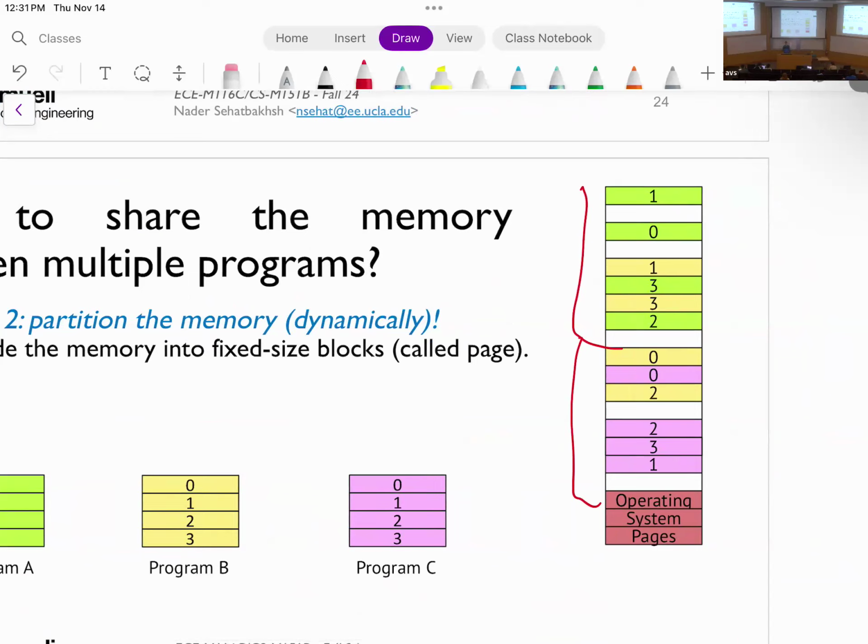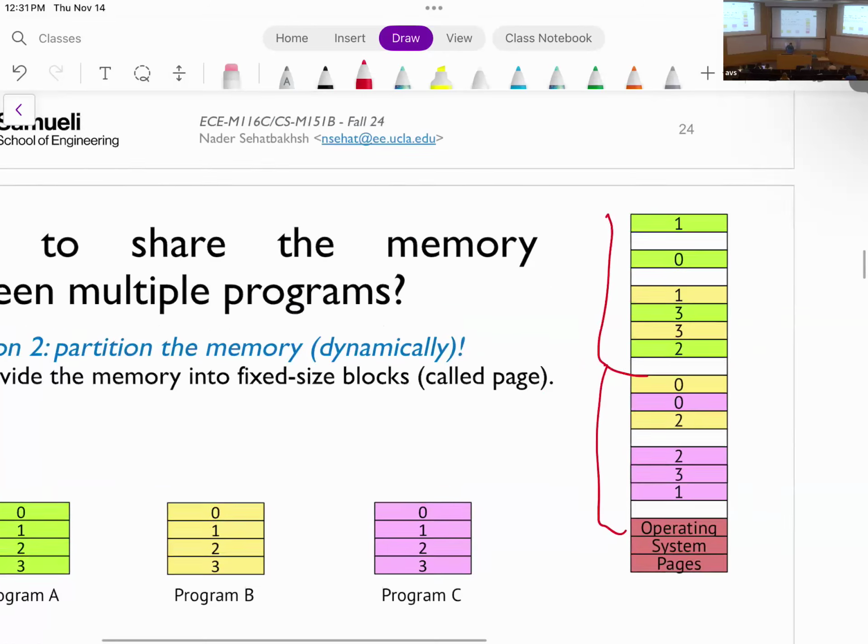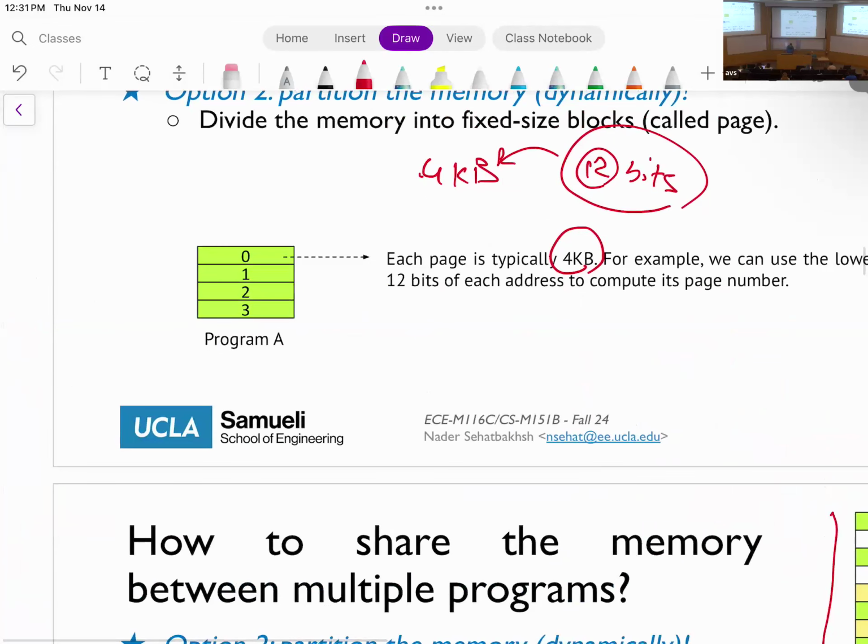The question is, why do we need 12 bits for accessing the page? No, we're not selecting the page.